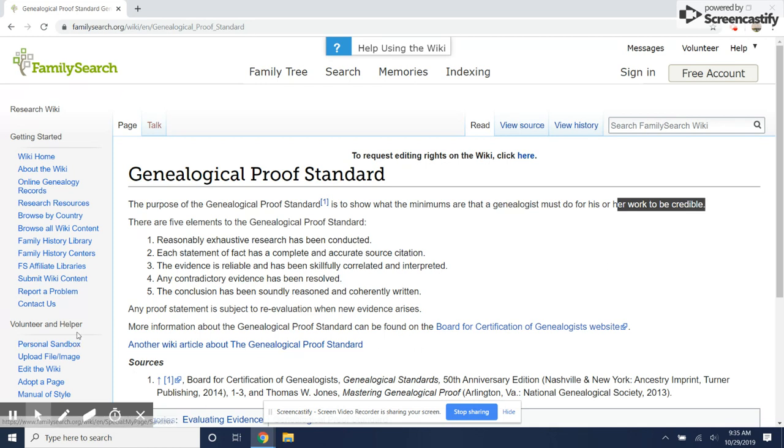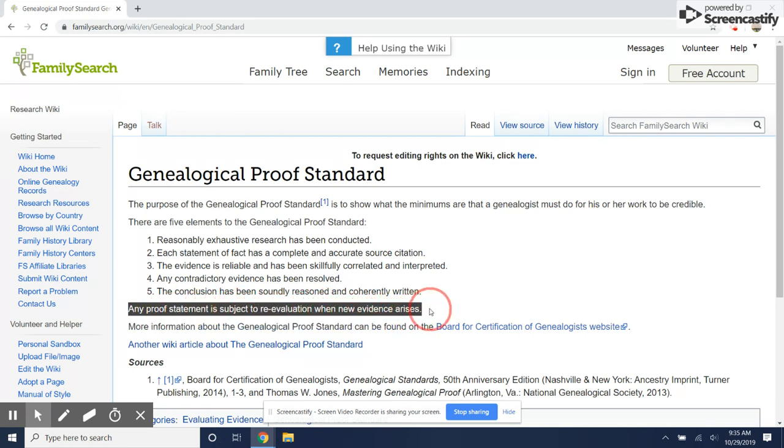And then this is a very important statement. Any proof statement is subject to reevaluation when new evidence arises. So as documents are digitized and that work continues, information in your tree may be proven wrong. And I would be grateful for that, because we want to have the most accurate representation of us as possible.